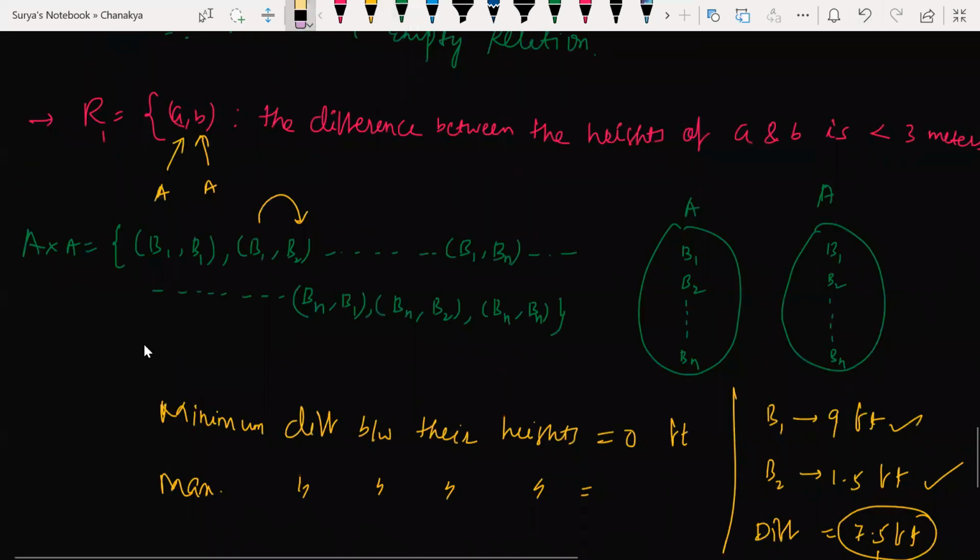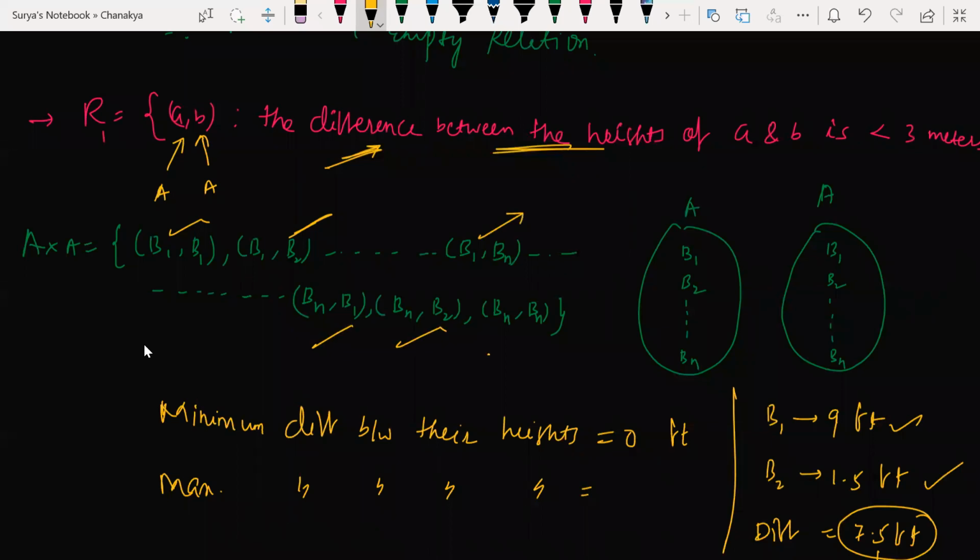So B1 comma B1, this ordered pair would be matching with this relation or not? This ordered pair would be matching with this condition. This ordered pair also would be matching. Every ordered pair you take from A cross A would be matching with the given relation. Why? The minimum difference between their heights is 0 feet, which is less than 3 meters, so it is satisfying.